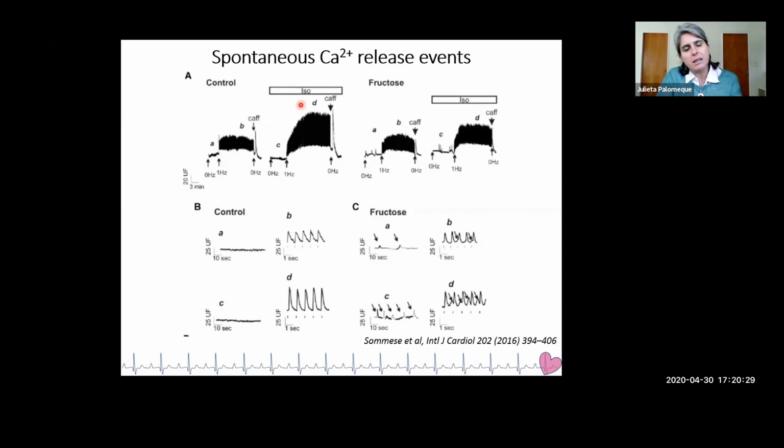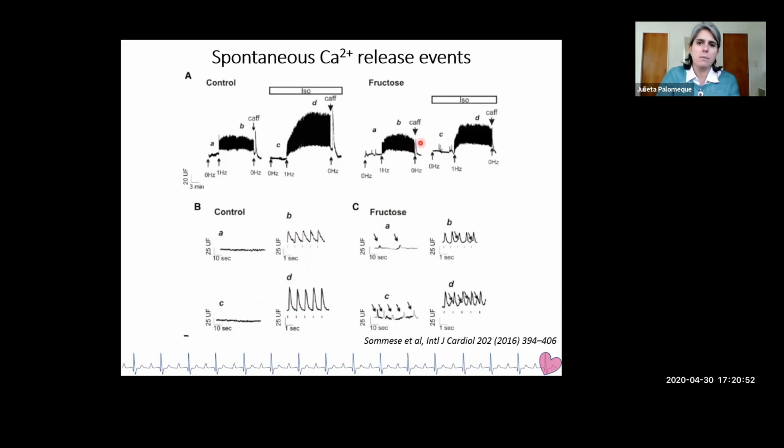And then we repeat the protocol under adrenergic stimulation with isoproterenol, and we can see in control cells that there is a normal calcium baseline and normal beat-to-beat calcium transients, and they are enhanced with isoproterenol stimulation.